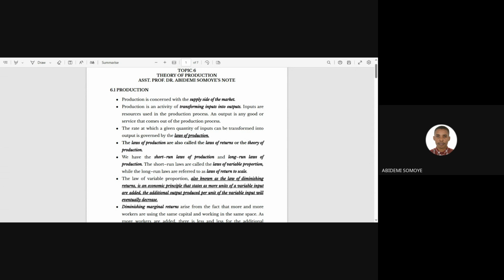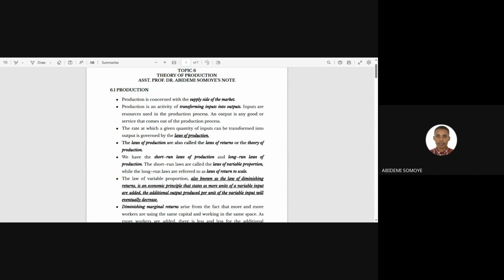In the short run, labor varies while capital is fixed. So it means that some of the resources you can easily employ more of, while some of the resources you might not be able to get more of easily in the short run. However, in the long run, all factors of production vary.